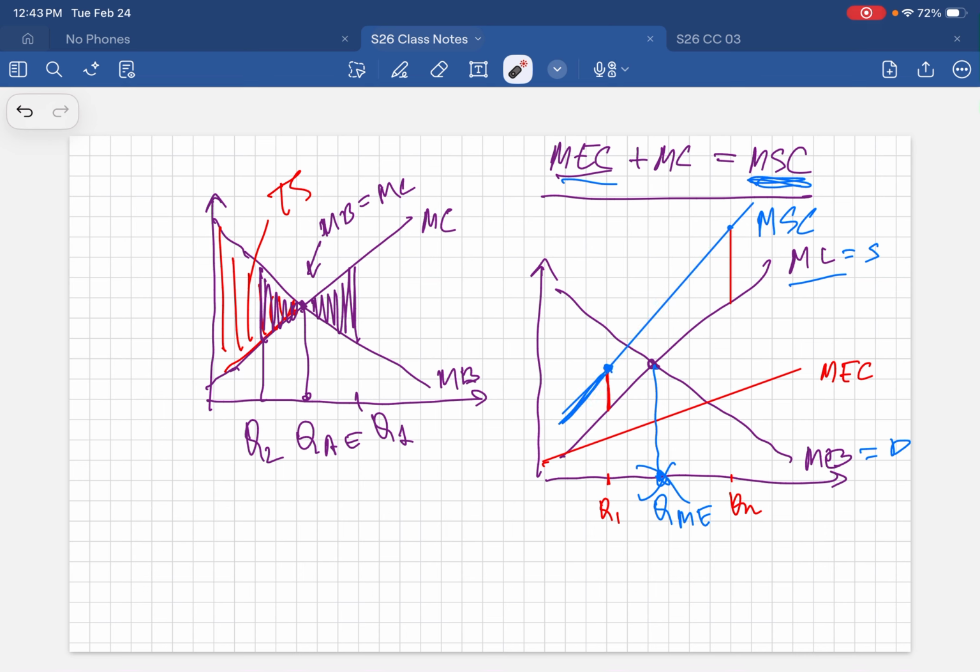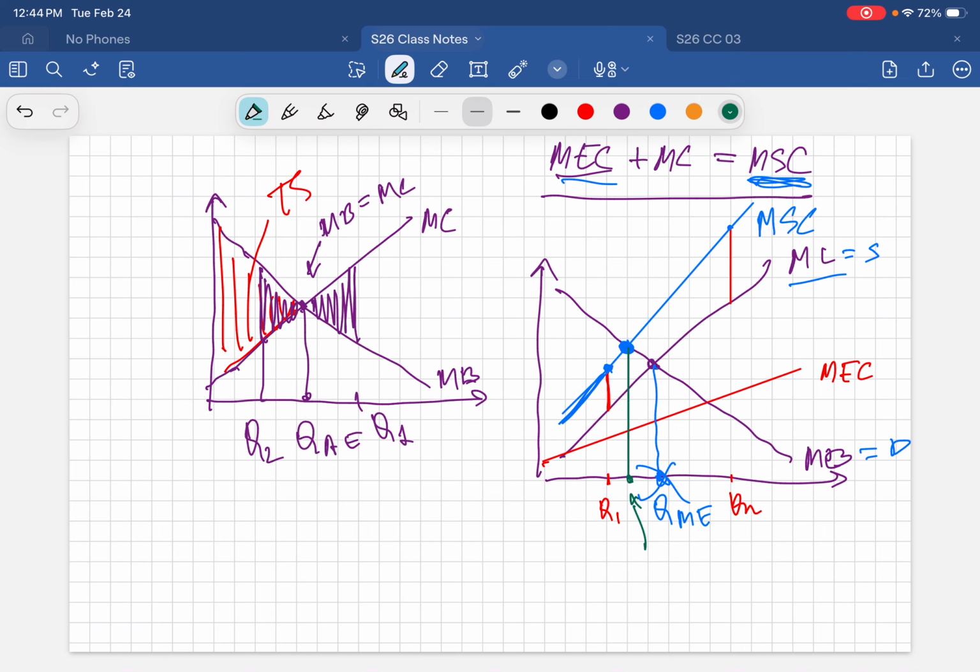And we're going to do that by relating it to MB, which still matters. It's still valid, we didn't adjust MB in any way. So we're going to use it, and find the point of allocative efficiency where these two curves meet.